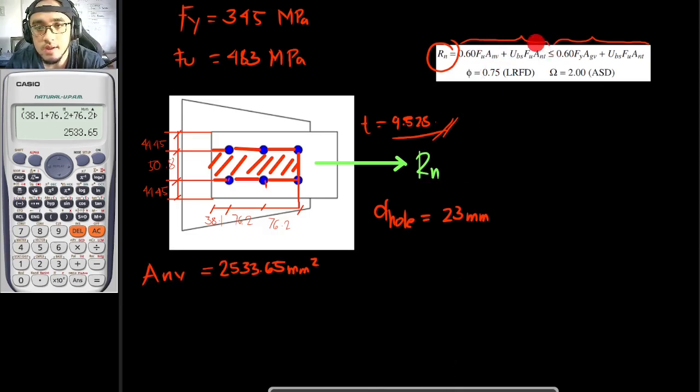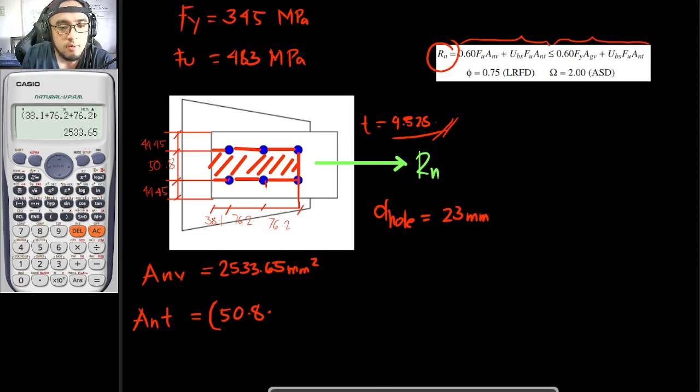So next up, let's solve for A and T. What would be the value for A and T? It would be this one right here. So that is equal to 50.8 minus, how many bolts will we subtract?